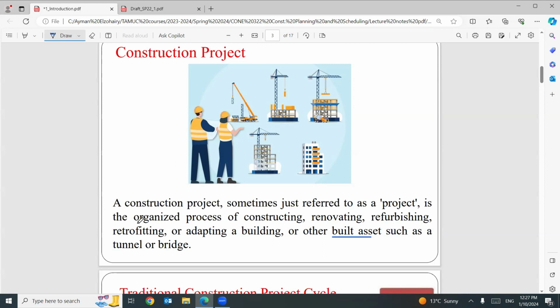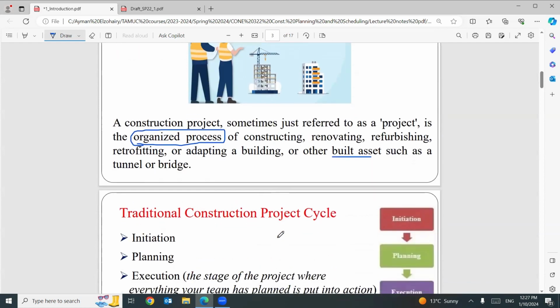So we have an organized process. Okay, this is the meaning of construction project.